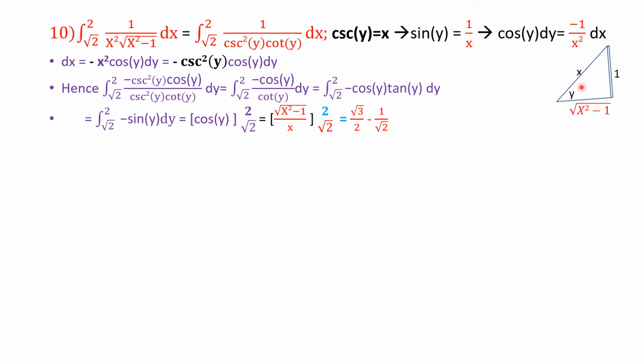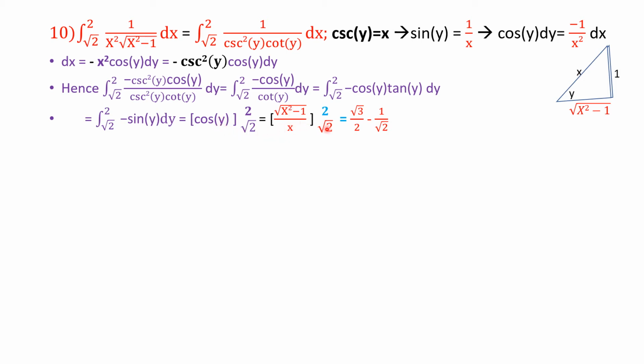So the adjacent is the square root of x squared minus 1, and the hypotenuse is equal to x. So we can replace cosine y by the square root of x squared minus 1 divided by x, because that is the cosine, the adjacent divided by the hypotenuse.